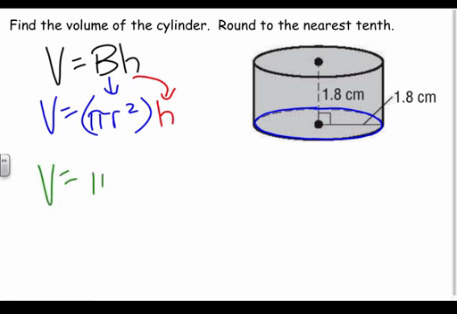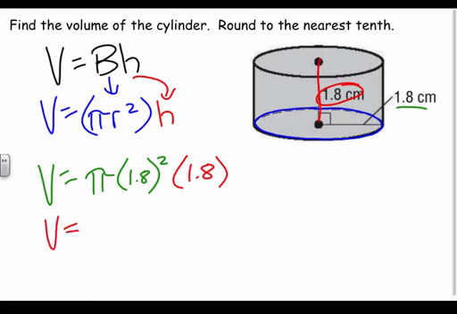So pi r squared, so pi times radius, well, 1.8. So 1.8 squared times the height of the prism, which in this case is actually 1.8 as well. So I can either type this all into my calculator at once or make sure that I do the exponents first to follow my order of operations. So I'll just type it all in. I'm going to take pi times 1.8 squared times 1.8. It's really 1.8 cubed, huh? And that gives us 18.3 centimeters cubed.